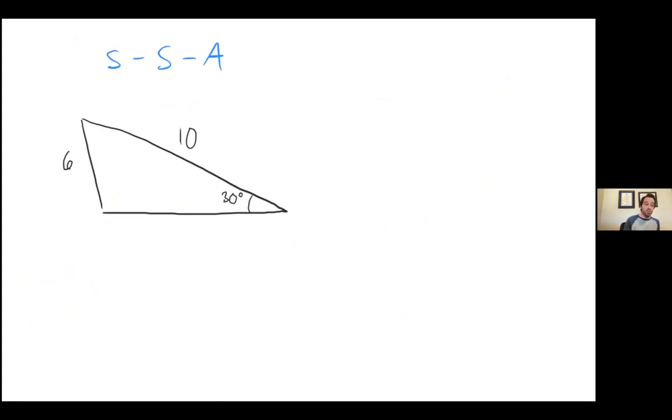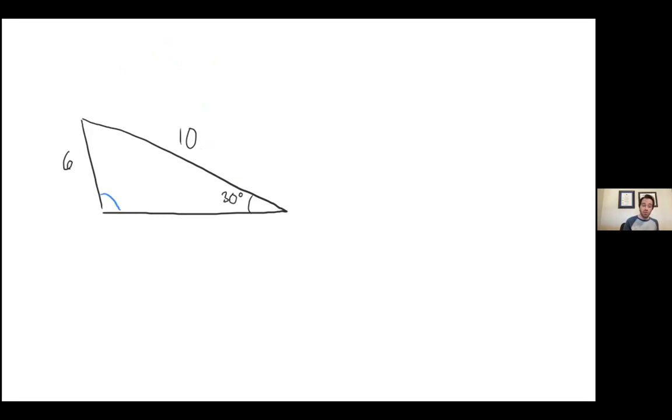Yes, side angle, not angle side. Grow up. So imagine that you have this triangle, which has a 30-degree angle here, a side that's 10 here, and a side that is 6 right here. And what I'm going to do is solve for this angle using law of sines.